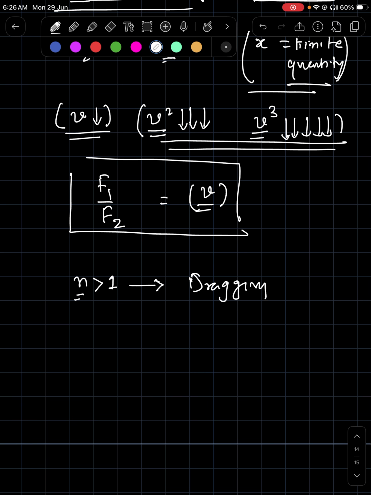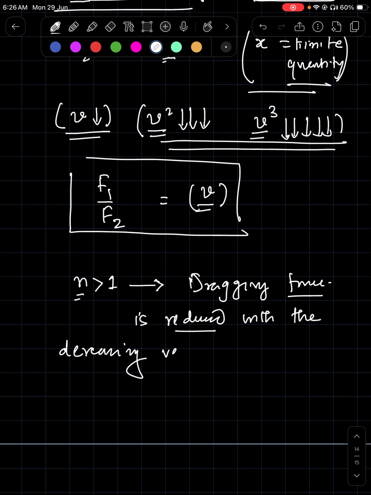So the dragging force actually works, but the dragging force is reduced with decreasing velocity.